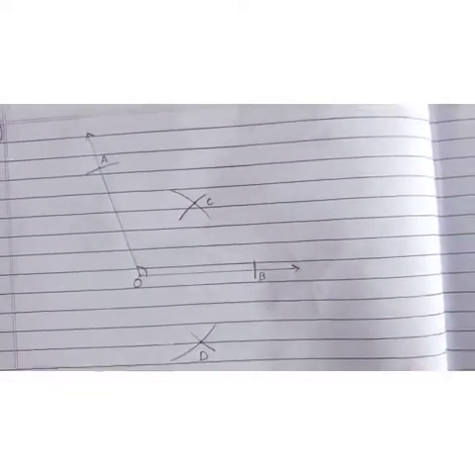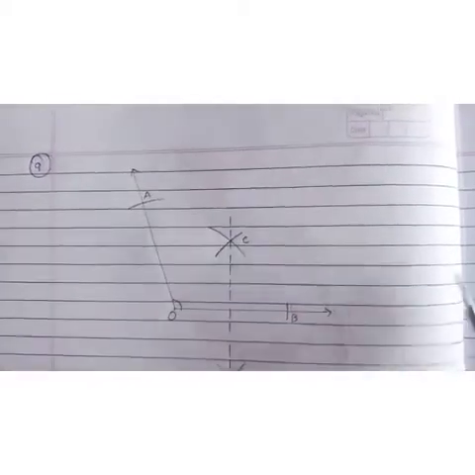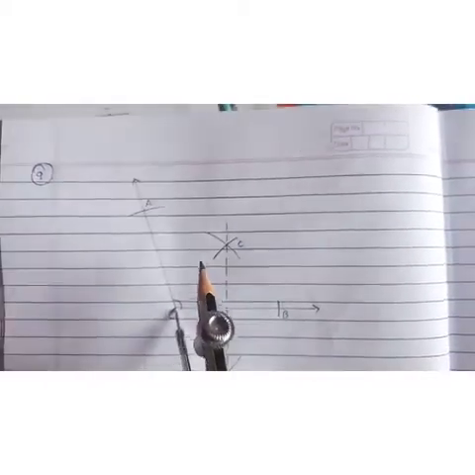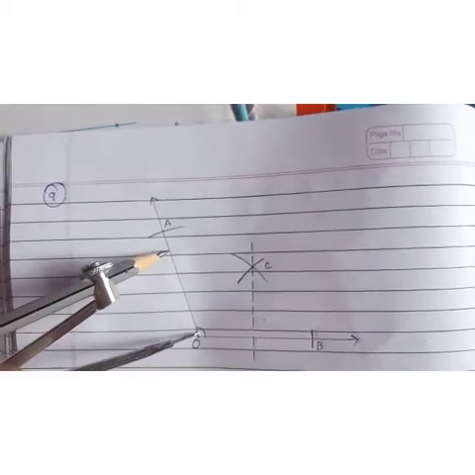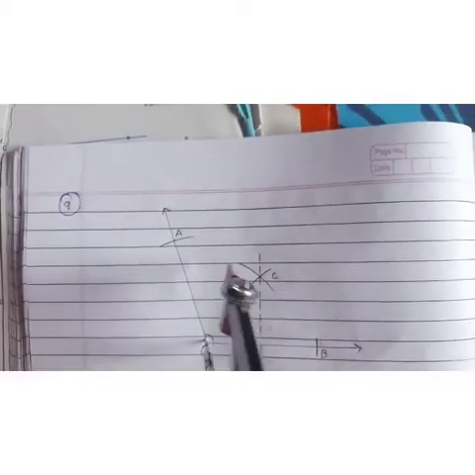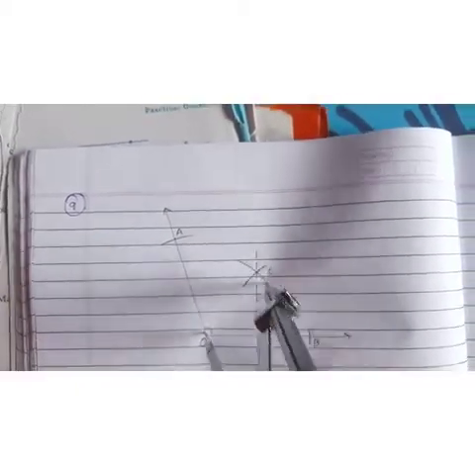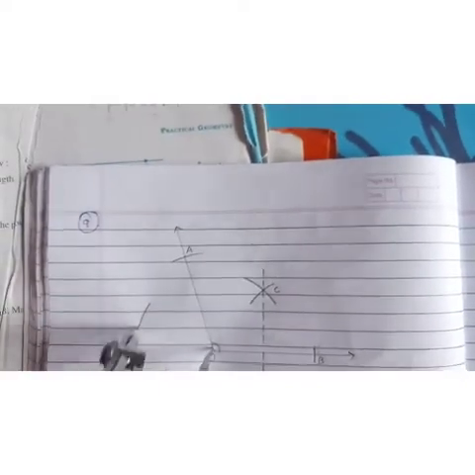Now consider OA as your line segment. Take radius more than half. Can you see it, children? Here it is more than half. Now draw an arc above and below this line. It will come here and here.